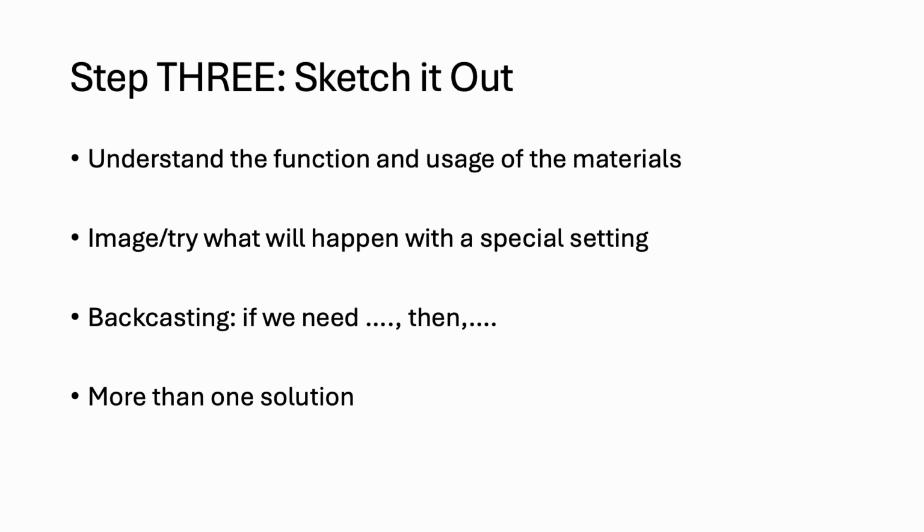All right. Next one is backcasting. This is a very interesting kind of thinking mechanic. You think about what we need, and then you trace back in order to achieve this goal. What should be done, right?